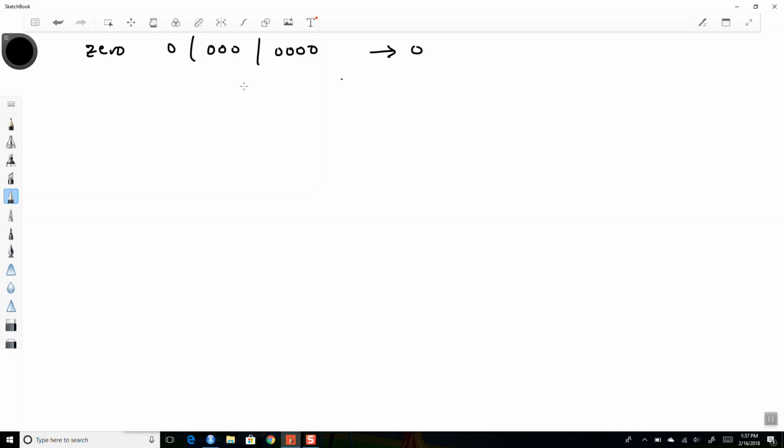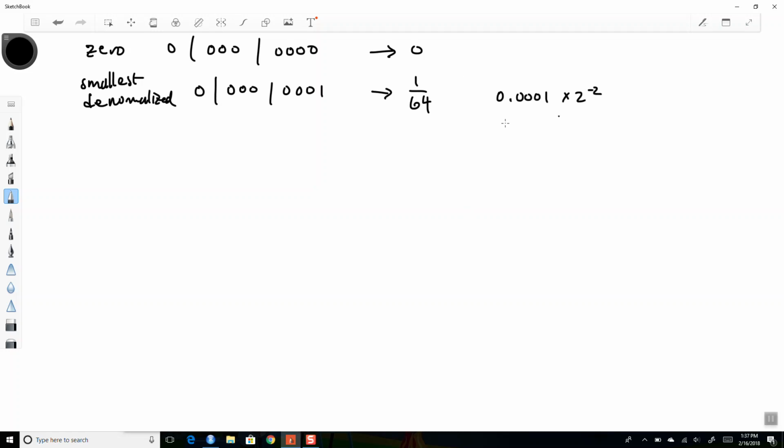So this is going to be 0. And then we have the smallest denormalized, 0, 0, 0, 0, 0, 0, 0, 1, which we said is equal to 1/64, so it's 0.0001 times 2 to the negative 2.